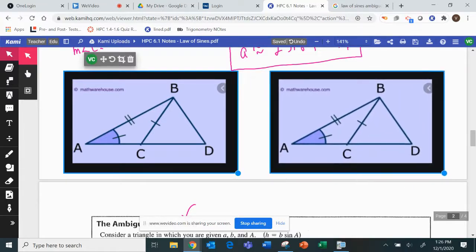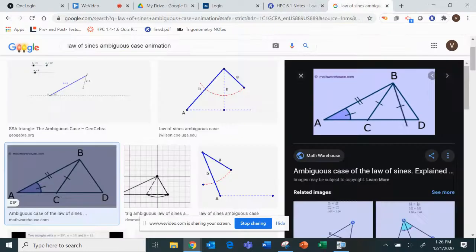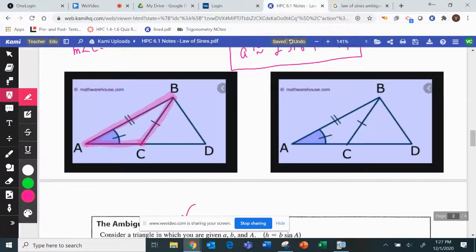Okay. We're going to look at two different triangles here. We've got triangle ABC. And you guys saw that swinging, that BC is swinging. So BC could actually be BD instead. If it's at BD, this would be the triangle.